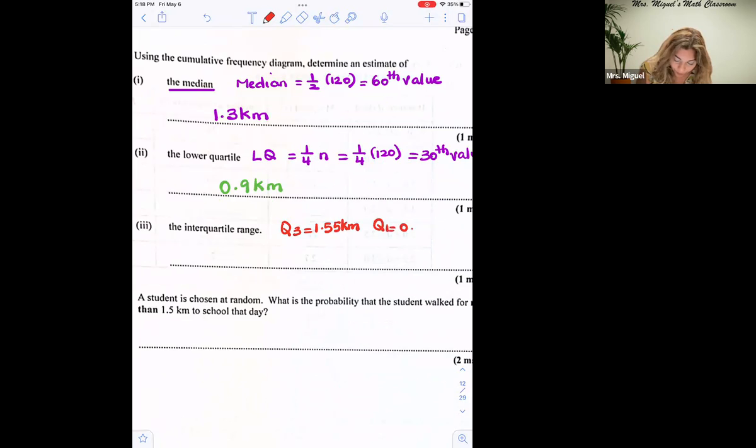Q1 is 0.9 kilometers. Work out for me the interquartile range, which is Q3 minus Q1.